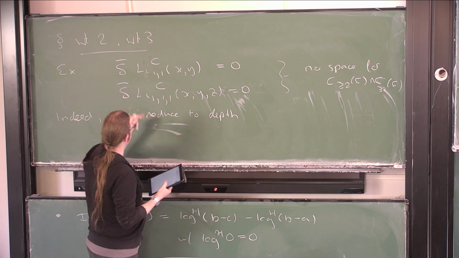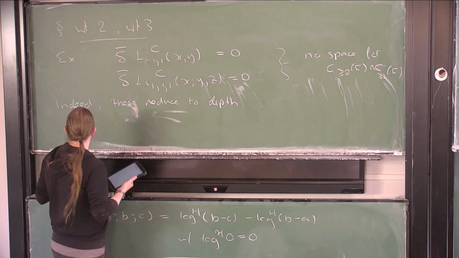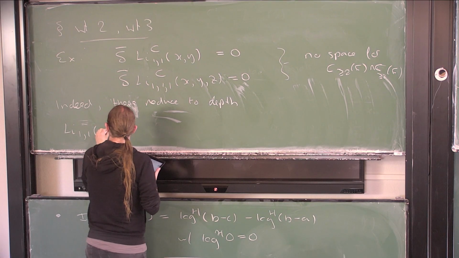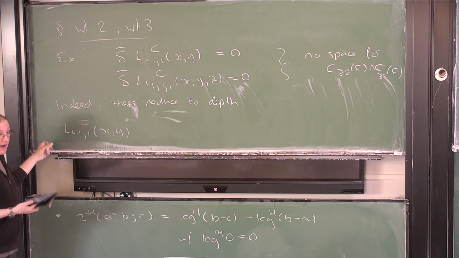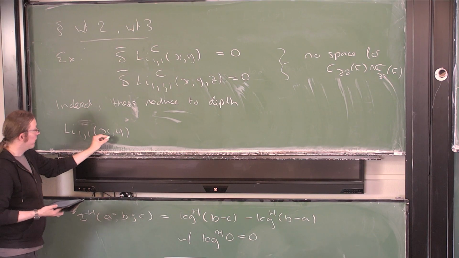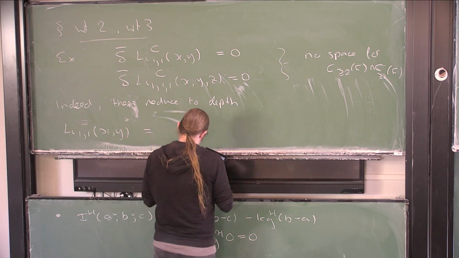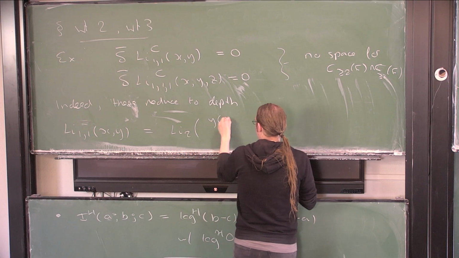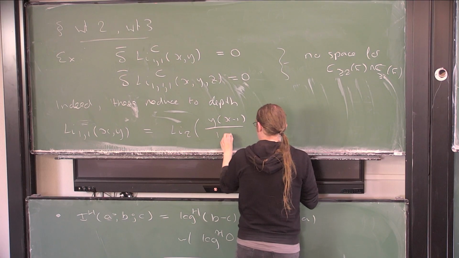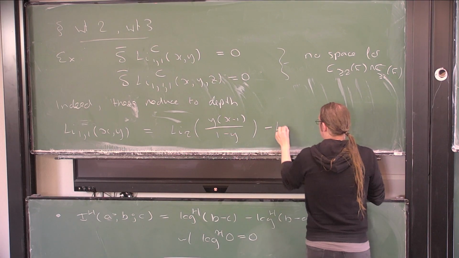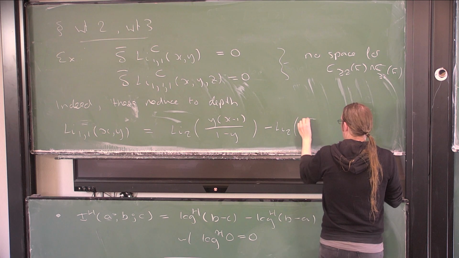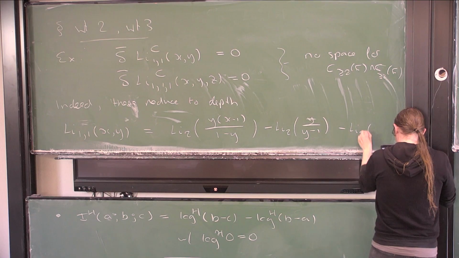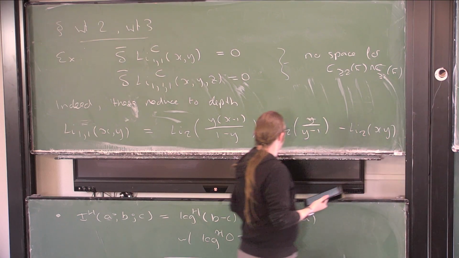I can even give you an explicit formula for the first one. I'll even do it on the level of analytic functions. So Li_{1,1}(x,y) is equal to Li_2(y(x-1)/(1-y)) - Li_2(y/(y-1)) - Li_2(xy).